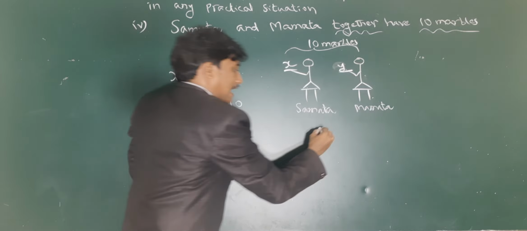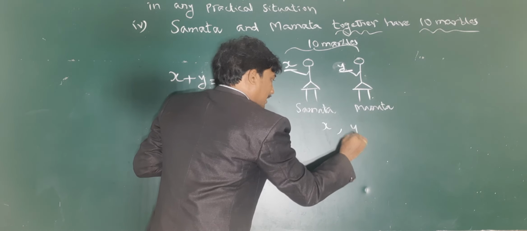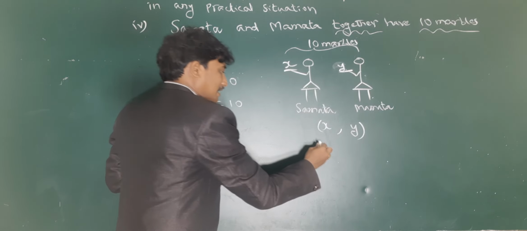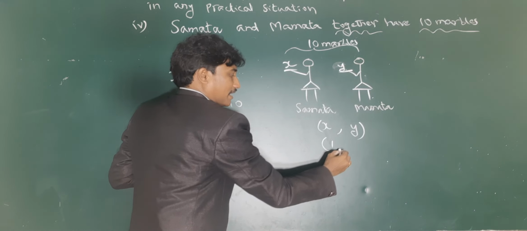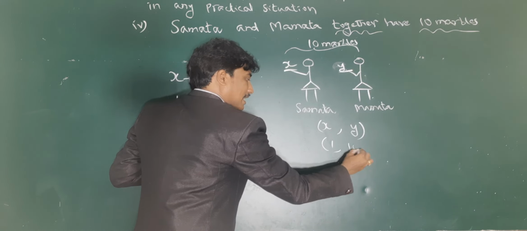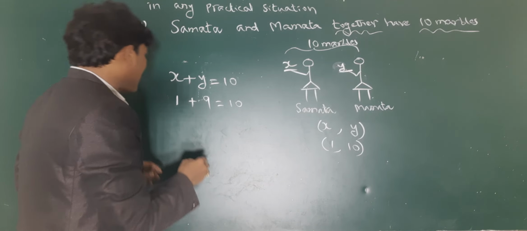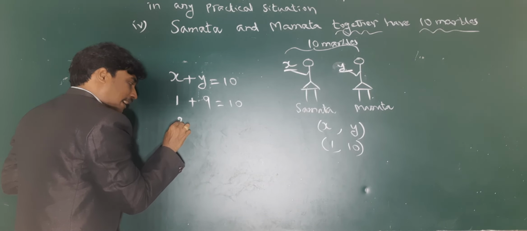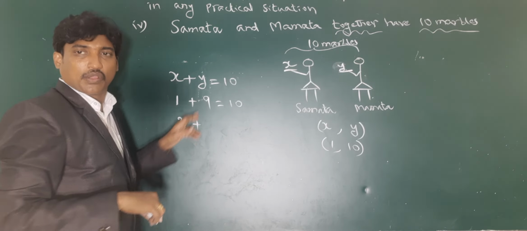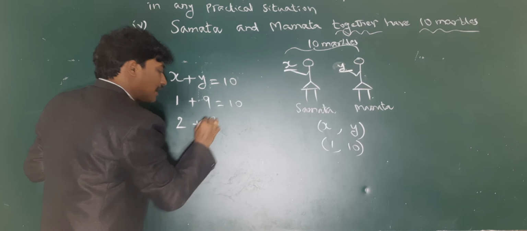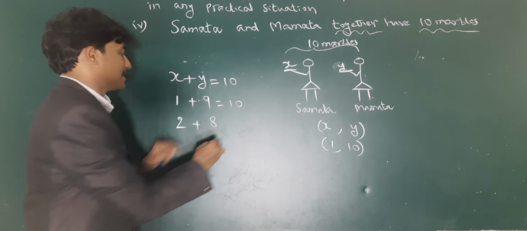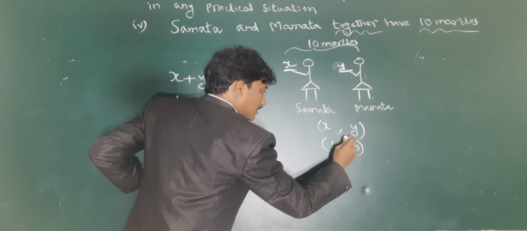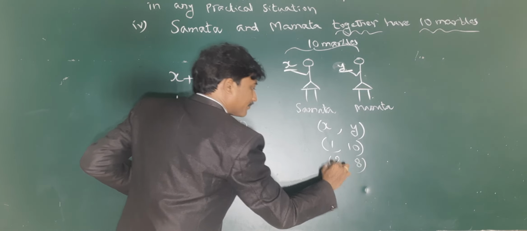If there are 2 marbles in Samata's hand, there will be only 8 marbles in Mamata's hand. Why? Because 2 plus 8 is 10. So if the x value is 2, then the y value is 8.